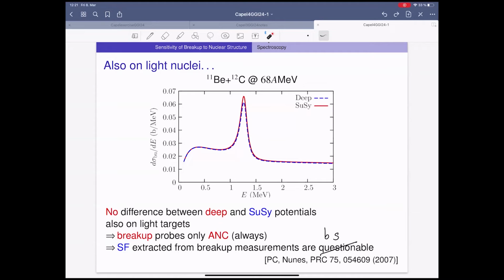You let them vary, and then you see what's the influence on your calculation. And then you know that thanks to this very systematic expansion of halo EFT, you add more and more terms, and you see how this affects your calculation and how you can infer that.